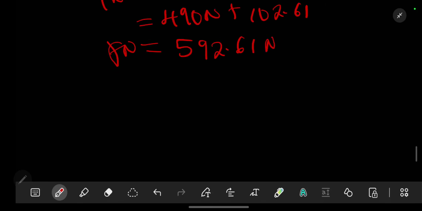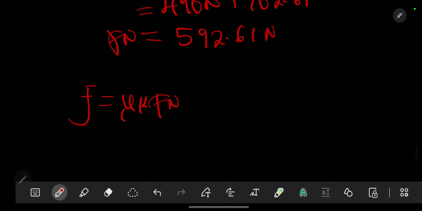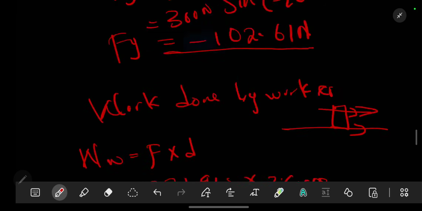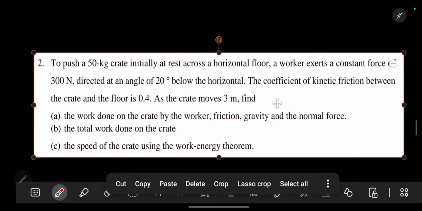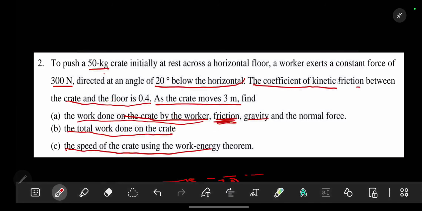If that is our normal force, then we can easily say the frictional force is equal to mu k times the normal force. We are told that the coefficient of kinetic friction in this case is 0.4.